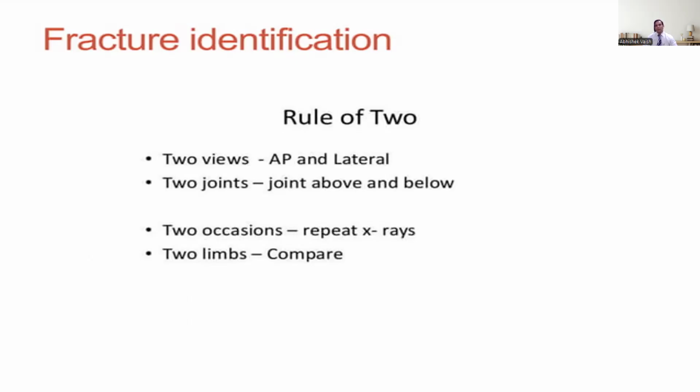Sometimes, in cases of deformities, we may need X-rays of two limbs to compare how much the deformity is. Maybe the patient inherently has a valgus or varus deformity, and that is not the cause of the problem. But if you just do one X-ray, you may feel that the patient is having a problem because of this. So always do two limbs to compare when in doubt.